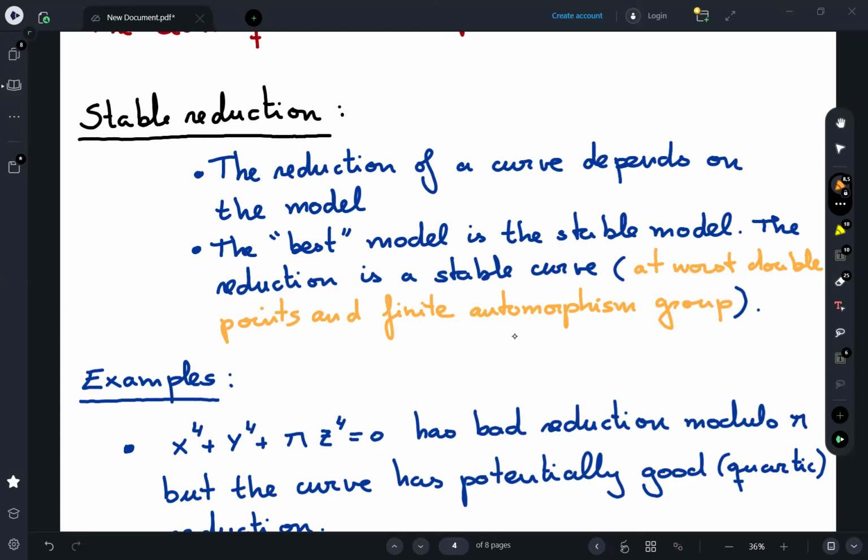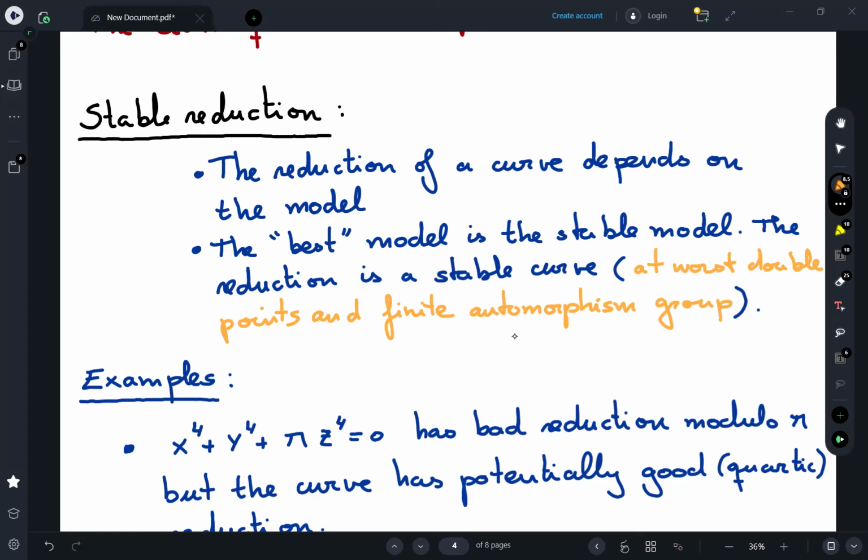It depends on the model, and I'm going to show you some examples now. I can give a very naive example before. Imagine that you have a nice curve given by one equation that modulo 7, let's say, you still get a nice curve. Okay, very good.